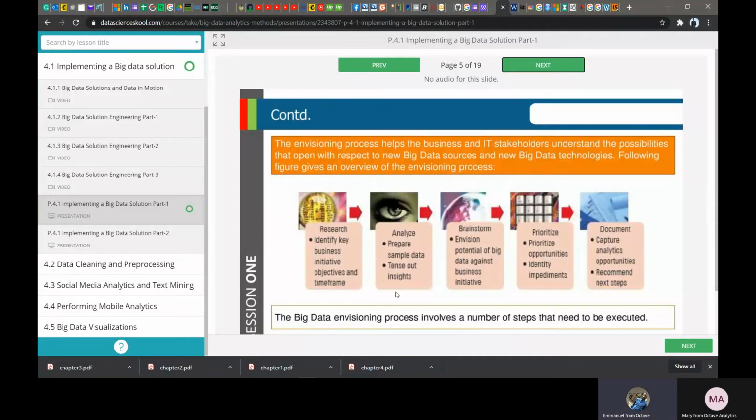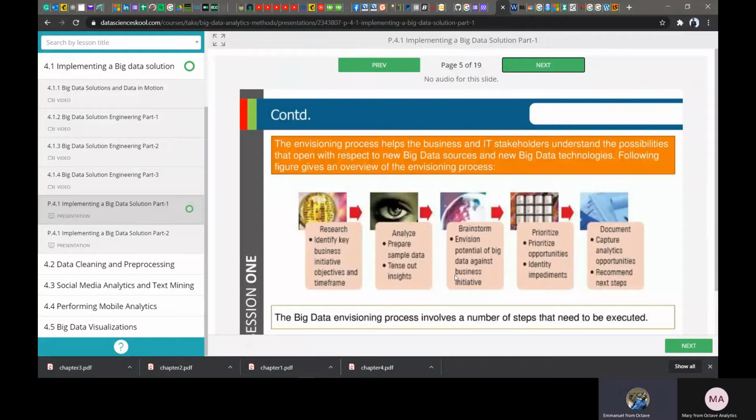Then let's brainstorm: envision the potential of big data against business initiatives. With this little data we have been able to get these insights, so what do you think if we could get more data from several sources and combine the available data sets, what can we derive from it? The next step is prioritize.